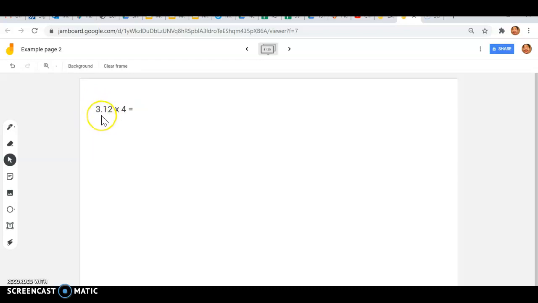So when we write this decimal in unit form, it's going to be 312 hundredths. And we're going to multiply that by 4. And we're going to be using that standard algorithm to multiply.